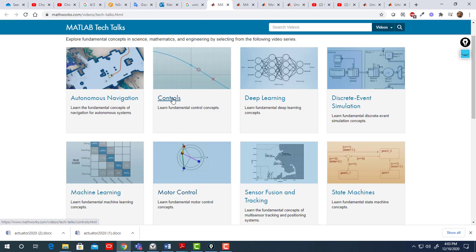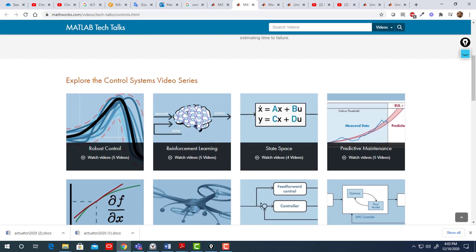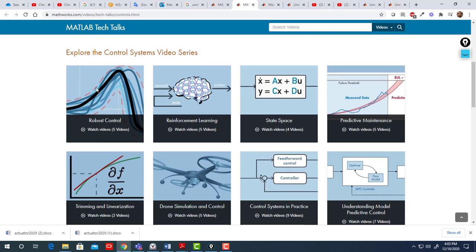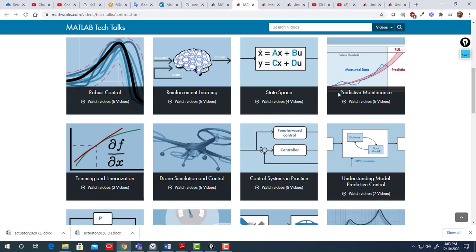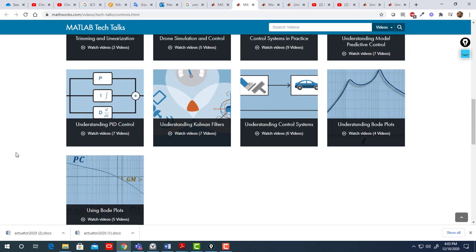You can click on it and go to the control tech talks. You'll find a lot of interesting things in control, like robust control, state space, predictive maintenance, and other stuff. Those are things you could look for.